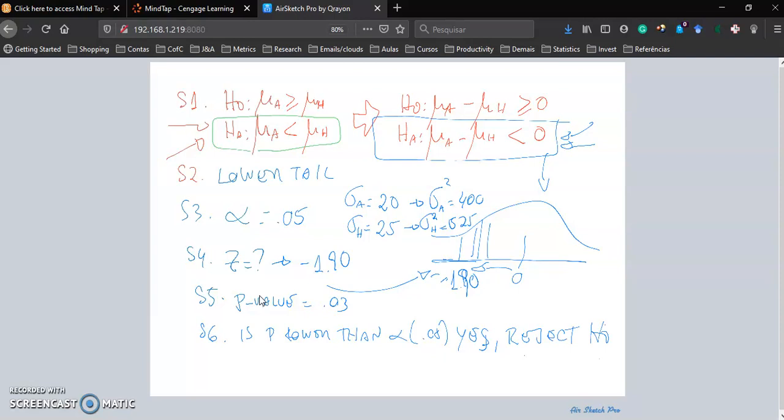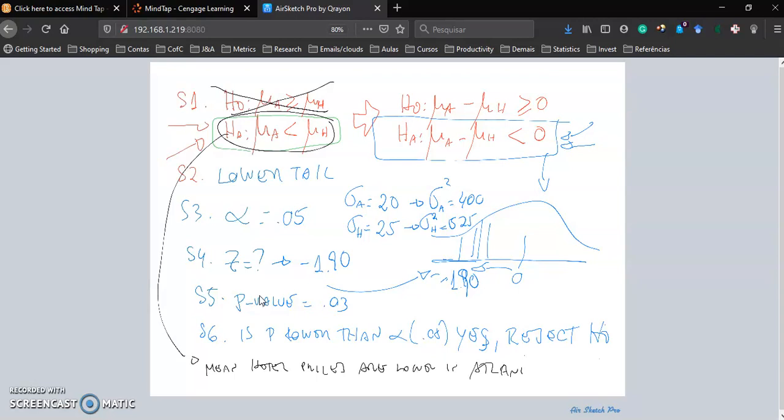If I reject the null hypothesis, I conclude the alternative hypothesis, which is saying that the mean hotel prices are lower in Atlanta than in Houston.